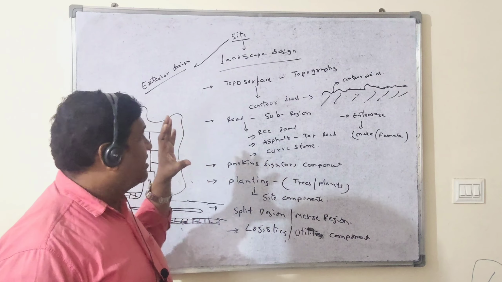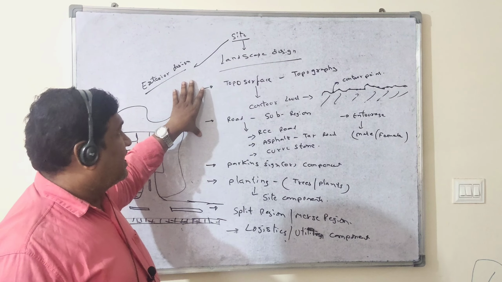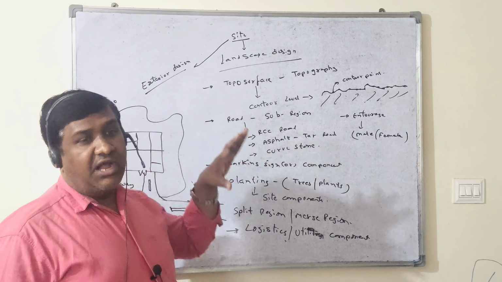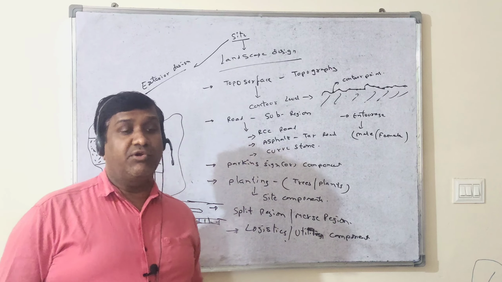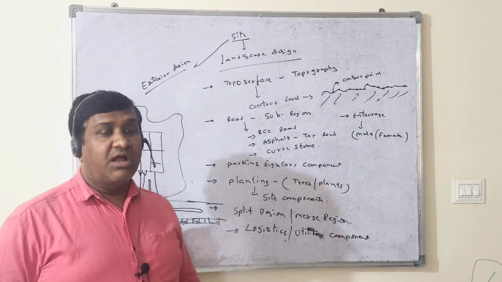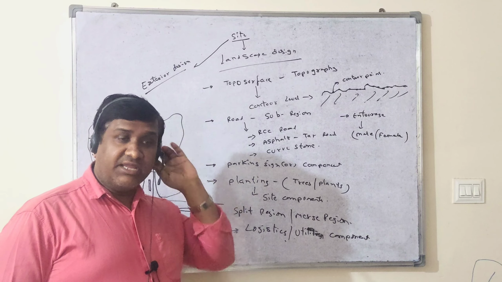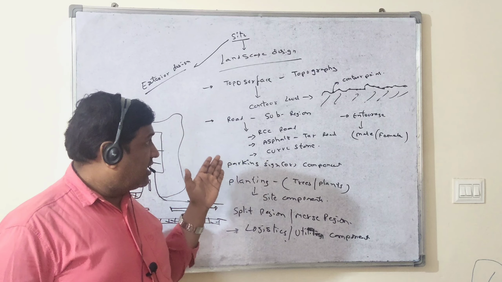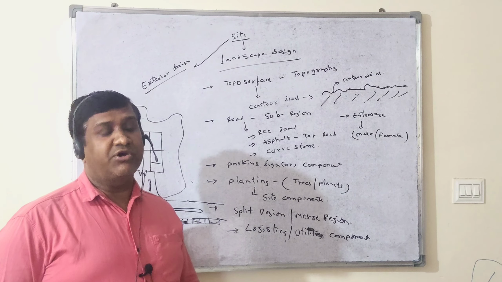So here this site plan we are going to do only for the presentation, the building outer sides, how it is going to be visible after completion of your building. So that model also we can create by using this site with the help of topography.